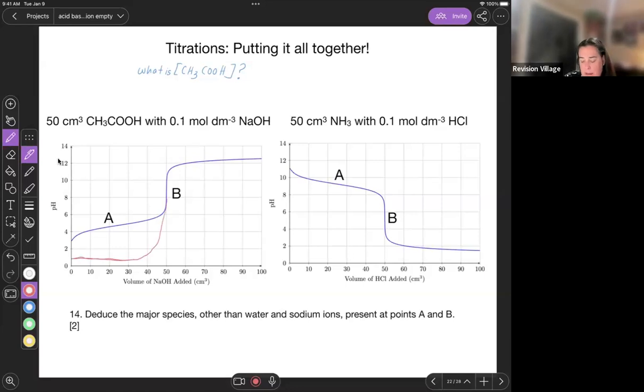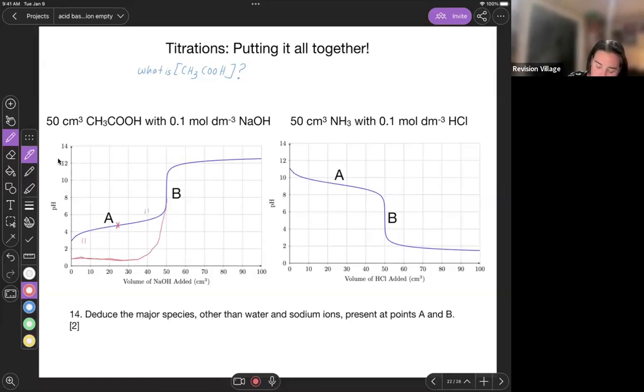But when we have this weak acid, you notice that there is a change in concavity right about here. That is the half equivalence point, and that's the point I tried to show you with A. So you should expect to be able to draw that little loop-de-loop where it does change from being down to up.